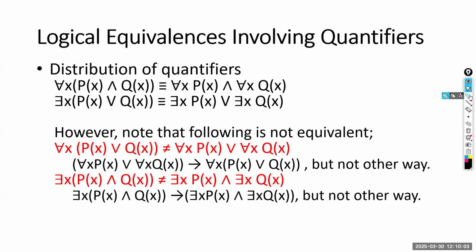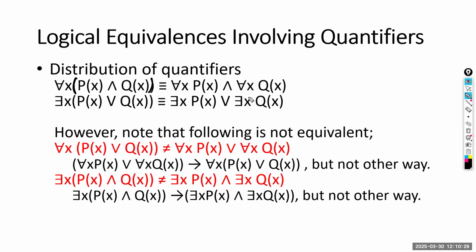So there are some equivalences which you don't need to memorize, but you need to appreciate. If someone says for all x, (p(x) and q(x)), it is equivalent to for all x p(x) and for all x q(x).